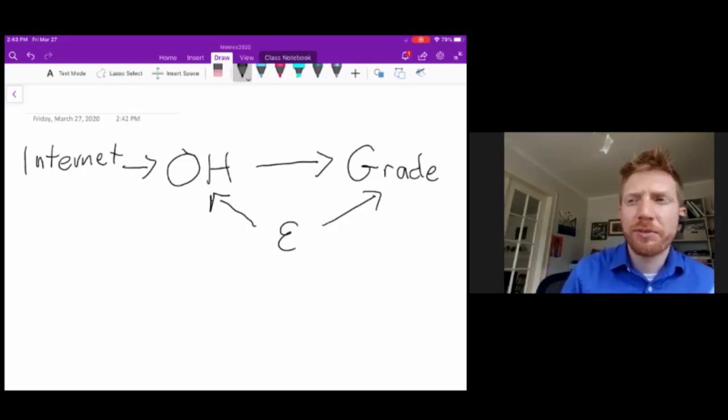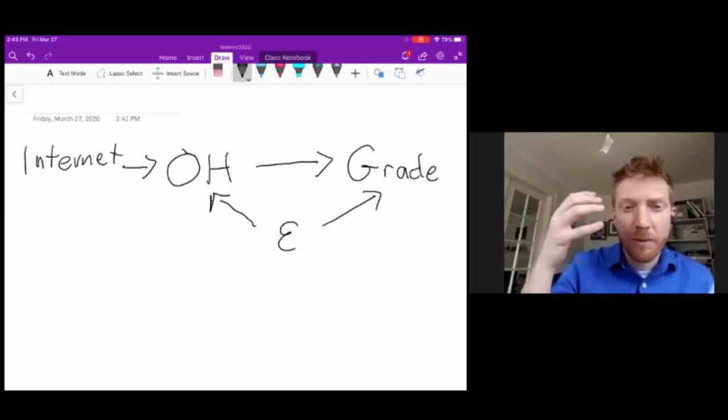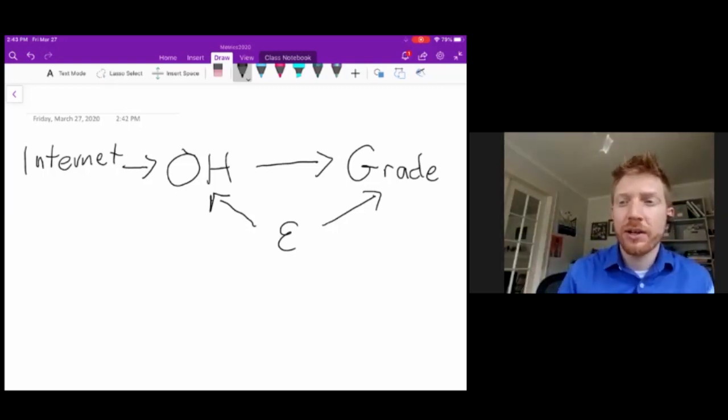And what we would expect is that whether or not you have internet would impact office hours, but wouldn't independently impact grade. So it's not, for example, in the error term. It is separate from the error term, but it does impact office hours.